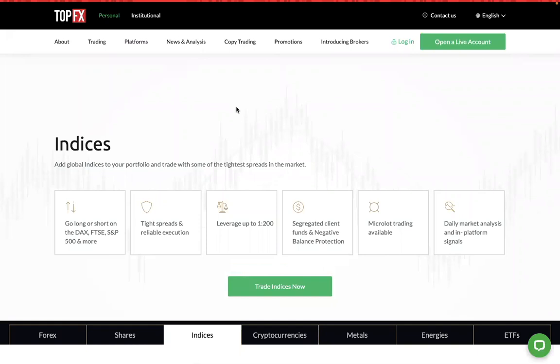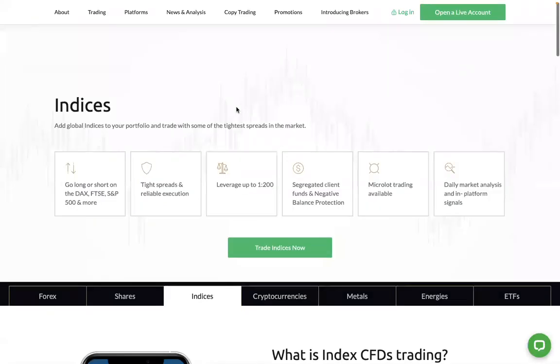Tight spread, reliable execution, leverage up to 1 to 200, segregated client funds and negative balance protection, micro lot trading available, and daily market analysis and in-platform signals are available on the TopFX cTrader.